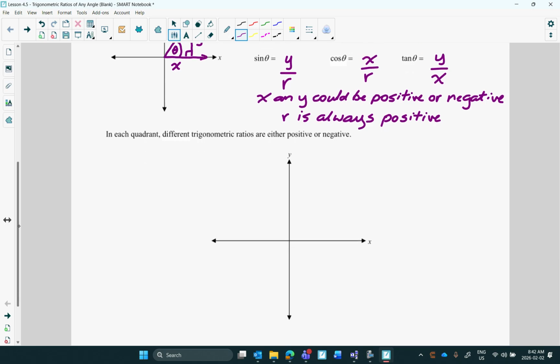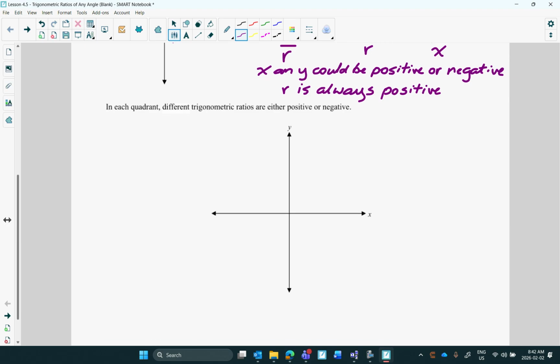All right. If you've got different colors, you may want to use them for this. I'm just going to re-sketch what we did already.